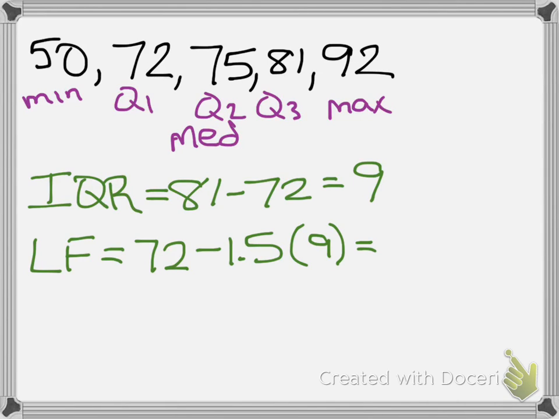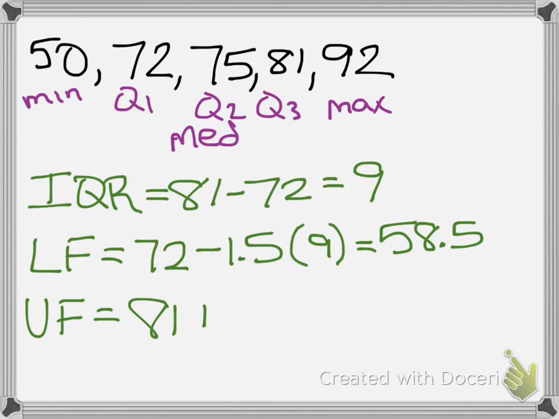Should have done this before. Don't be like me. Oh my goodness. 13.5 when we do that multiplication. So then 72 minus that is 58.5. And then our upper fence. We're going to do 81 plus 1.5 times 9.